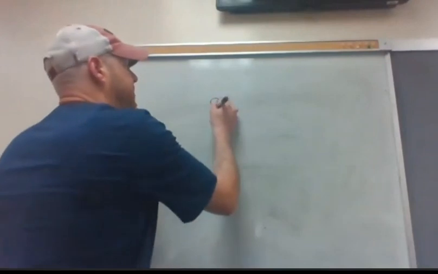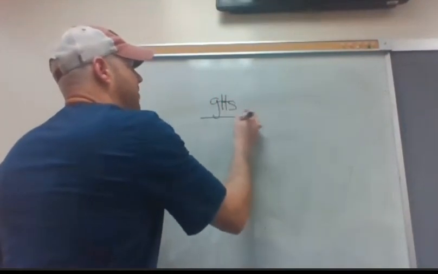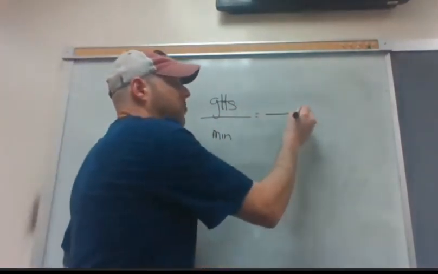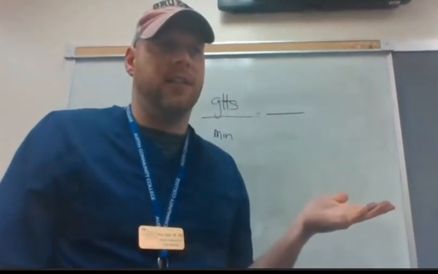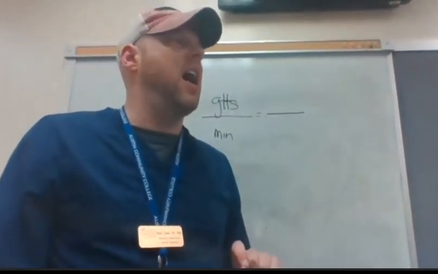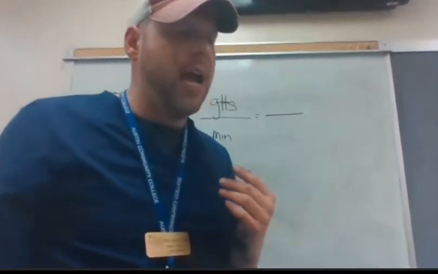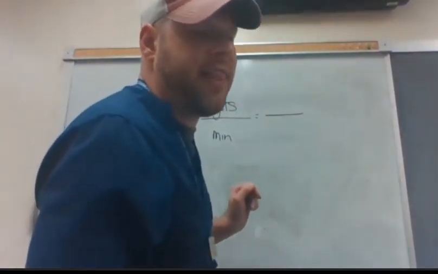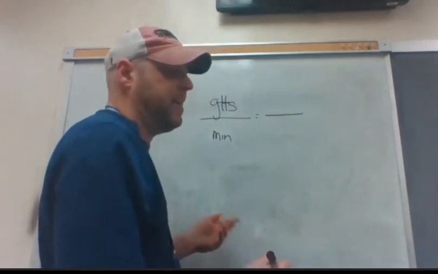Now, look at what they want me to solve. It's drops over minute. Remember, I draw my line and I say to myself, everything's on top with the exception of time. So the first number I want is milliliters, correct? How many milliliters are in my bag? It says the physician has ordered D5W 1,000 milliliters, okay?